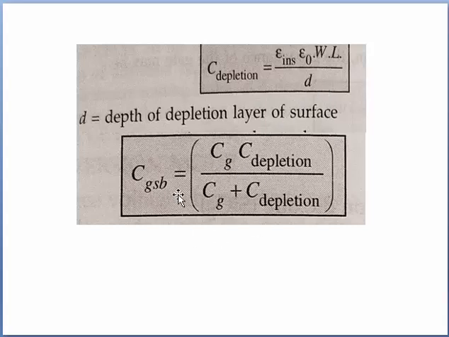So this is the gate to substrate capacitance. The capacitance of gate to substrate decreases with the increase of the depth of the depletion region.